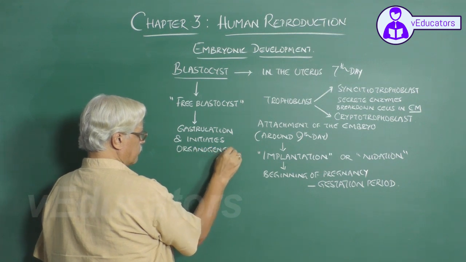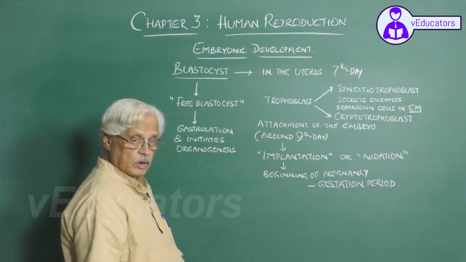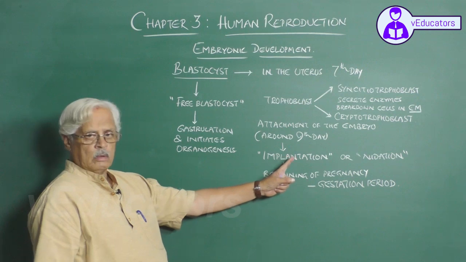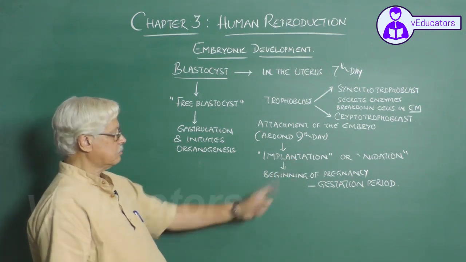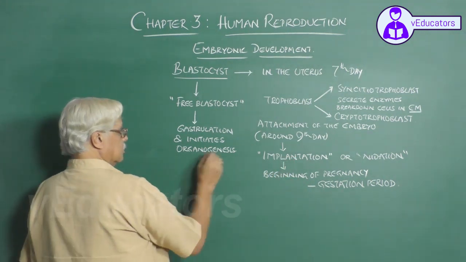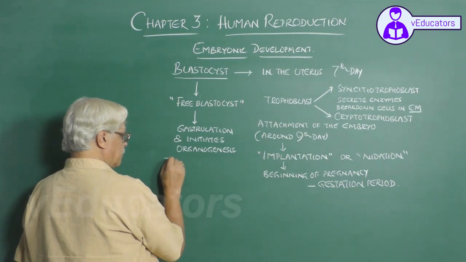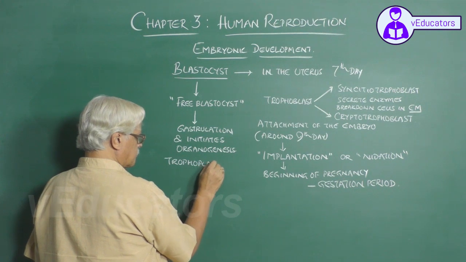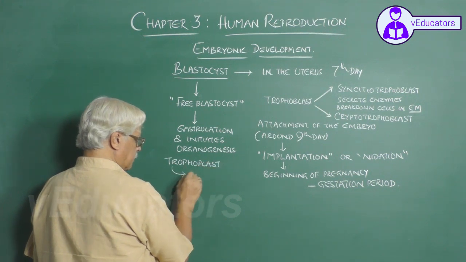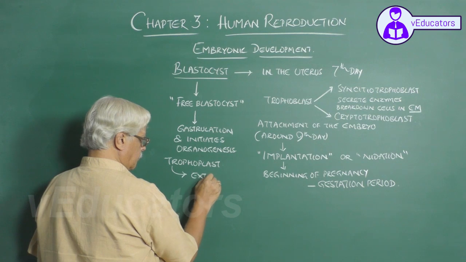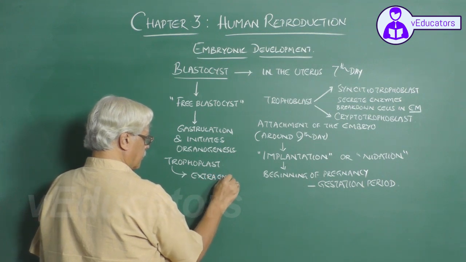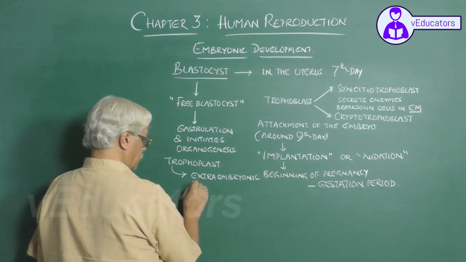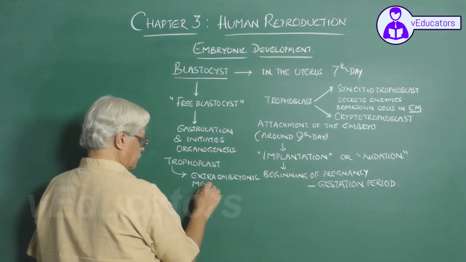In the meantime, the embryonic layer, that is what we have identified as the trophoblast, starts developing into the extraembryonic membranes.